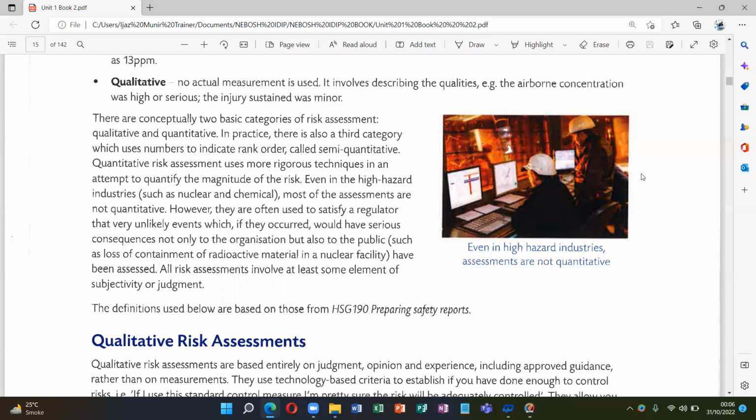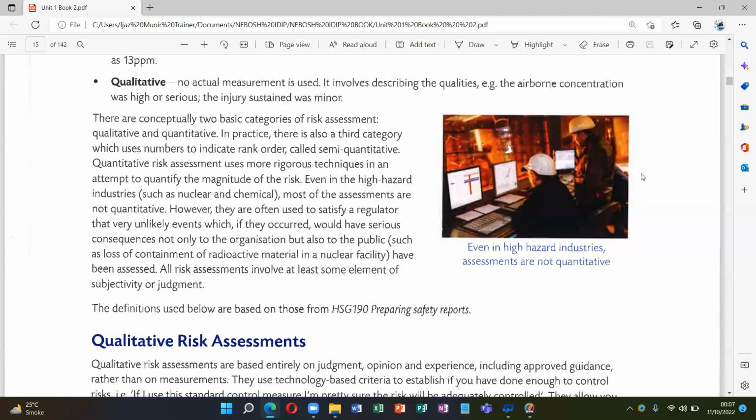Most of the assessments are not quantitative. However, they are often used to satisfy a regulator that very unlikely events, which if they occurred would have serious consequences not only to the organization but also to the public, such as loss of containment of radioactive material in a nuclear facility, have been assessed.